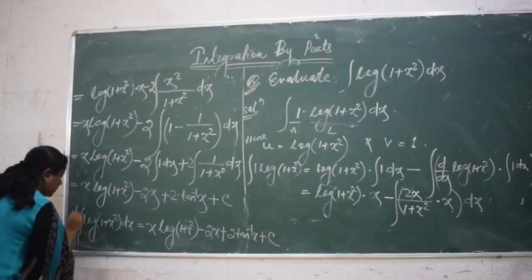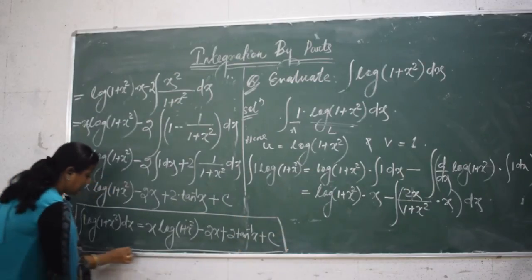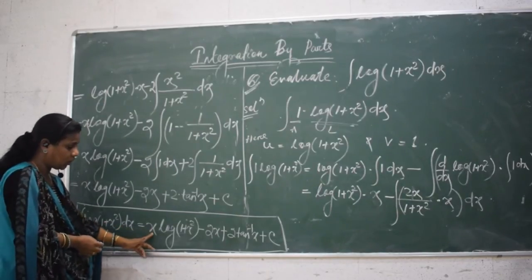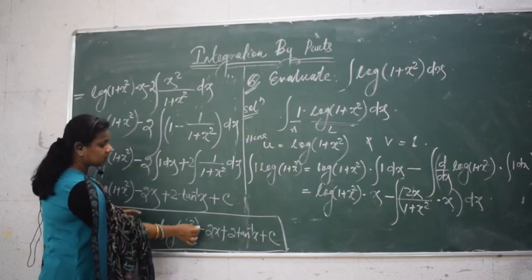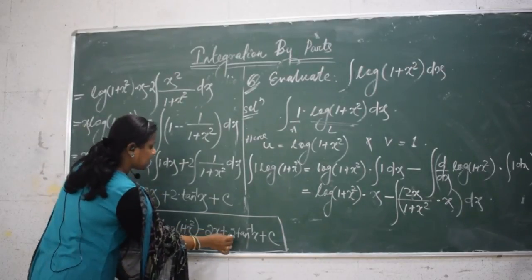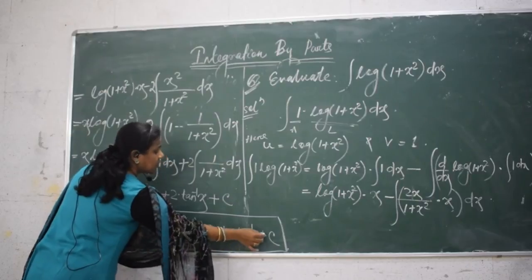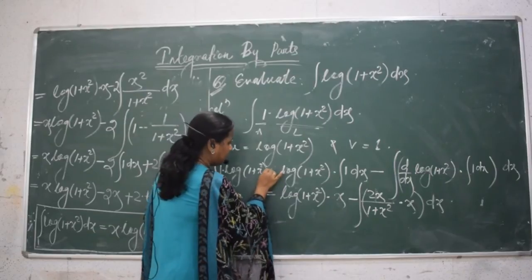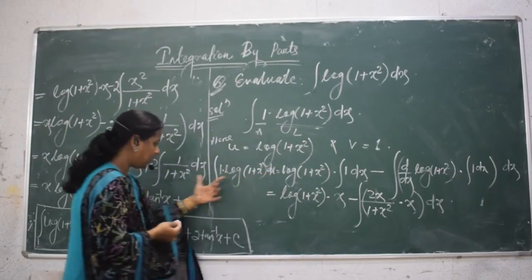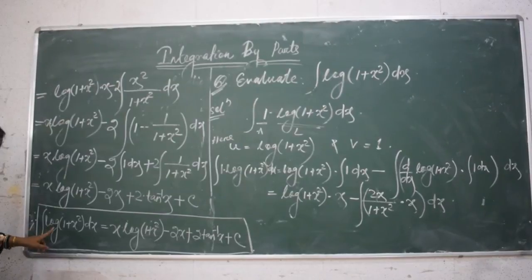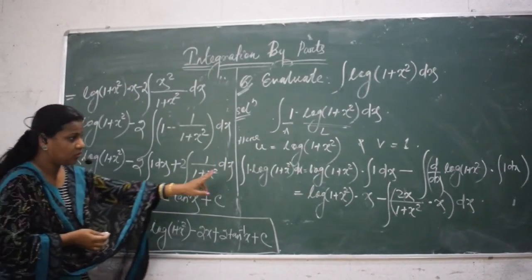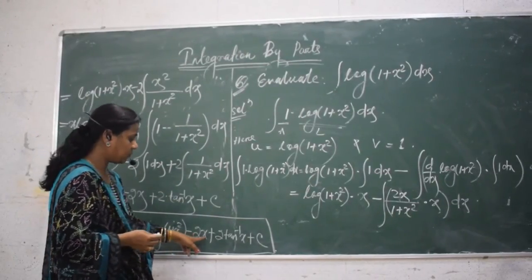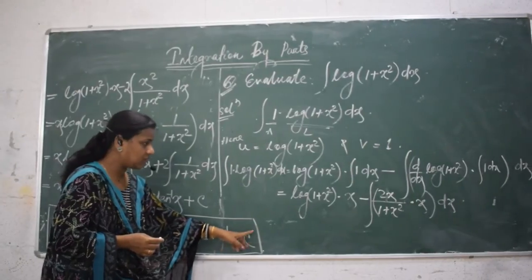So this is the answer of the integration of this function, log of 1 plus x square dx, equals x into log of 1 plus x square minus 2x plus 2 into tan inverse x plus c. C is the integration constant. Here I forgot to write dx, that is, we are finding the integration of log of 1 plus x square with respect to dx. So the integral equals x log of 1 plus x square minus 2x plus 2 tan inverse x plus c.